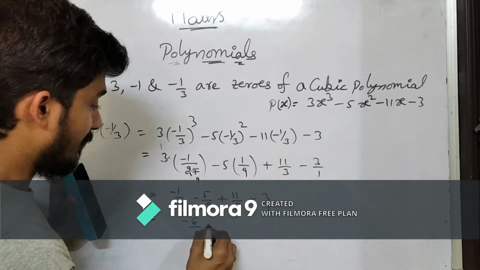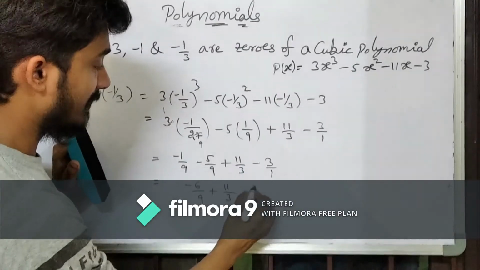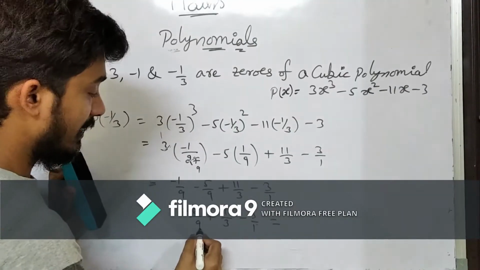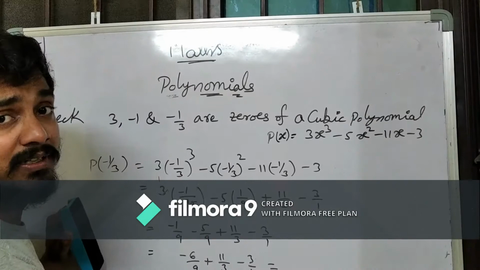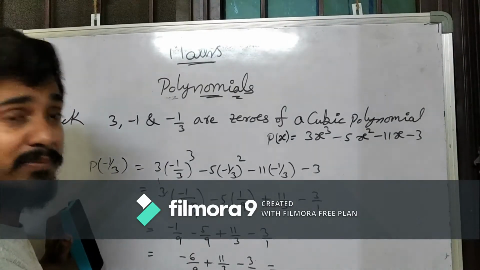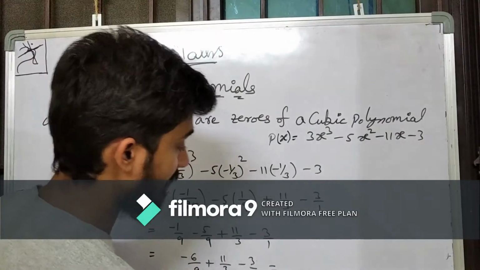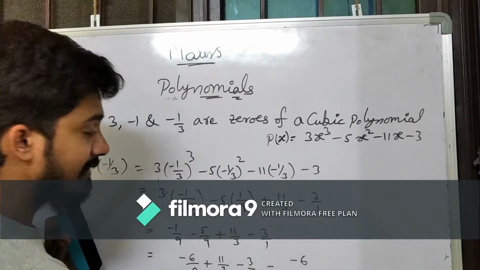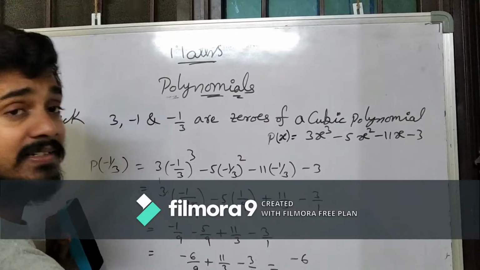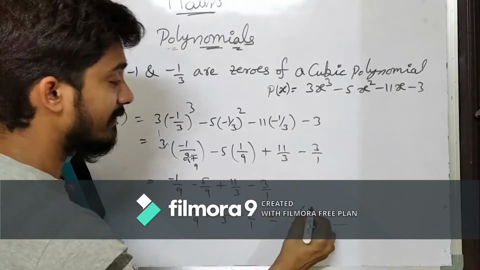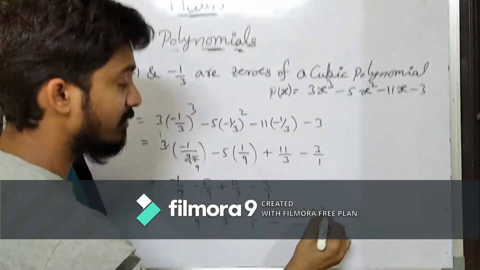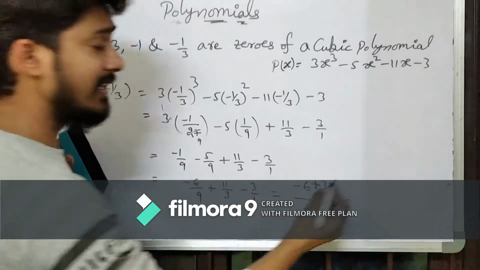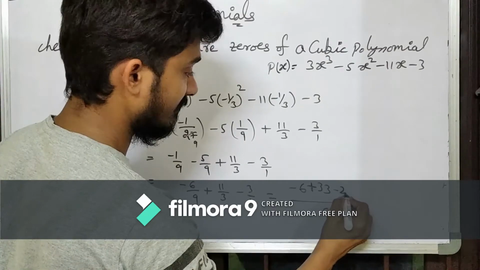Minus 6 by 9 plus 11 by 3 minus 3 by 1. That equals to, the denominators are 9, 3 and 1. For these three denominators, the LCM is 9. 9 ones are 9, 1 into minus 6, minus 6. 3 threes are 9, 3 into plus 11, 33. 1 nine is 9, 9 into minus 3, minus 27.